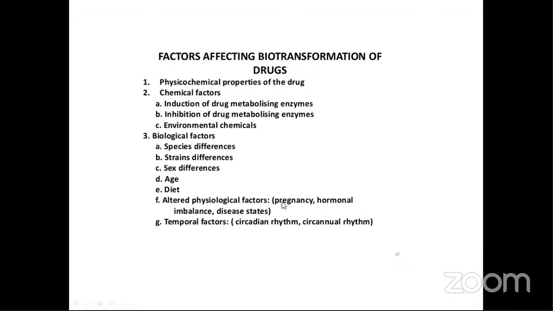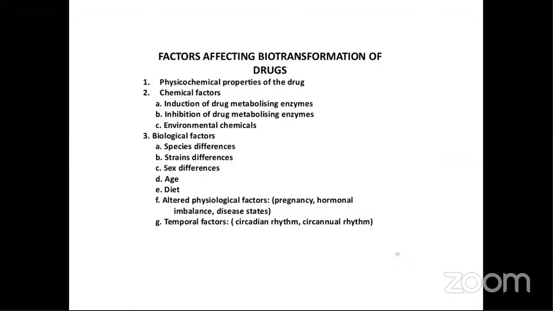There will be changes in the body system or hormonal systems. Hormonal imbalance or any disease state will change the metabolic process. Some temporal factors like circadian rhythm or circannual rhythms also change the biotransformation. So these are the different factors which will be considered during the metabolic process of various drugs.